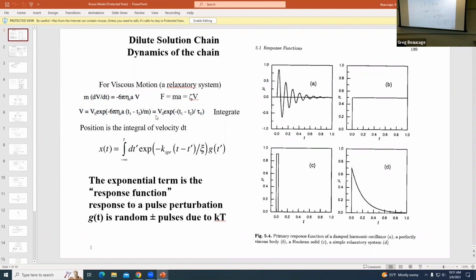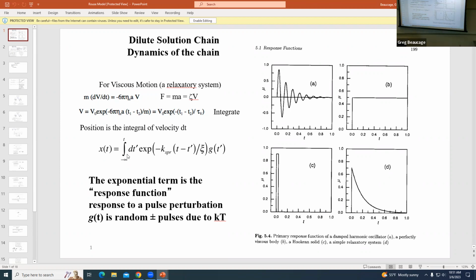K spring, if it's a Gaussian chain, is going to be 3 kT over N b squared, and then you'd have N to the minus 1/2 out of that thing. And somehow it'll work out. Anyway, this works out to give you tau as a function of this. That's how you get this relaxation going on.